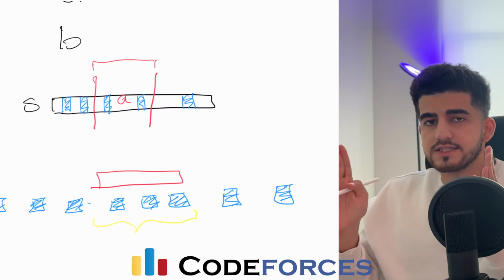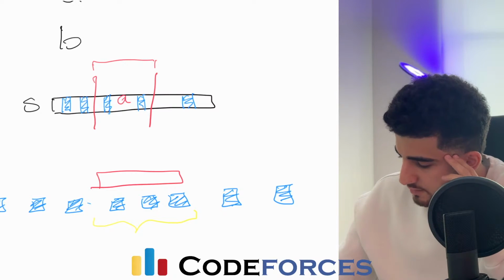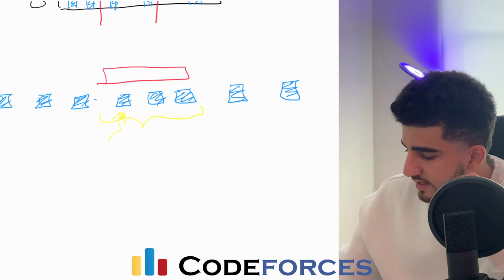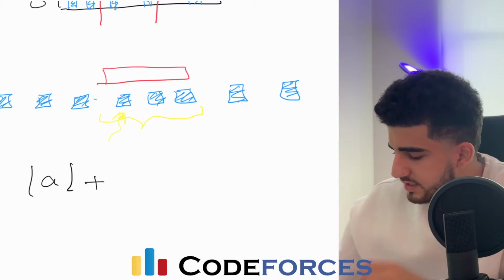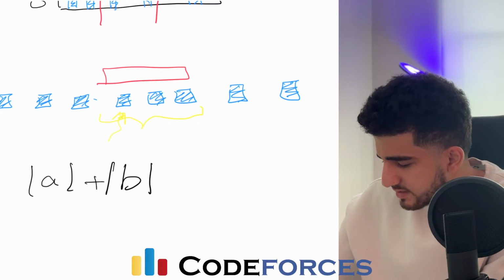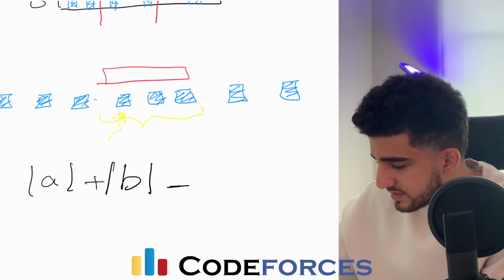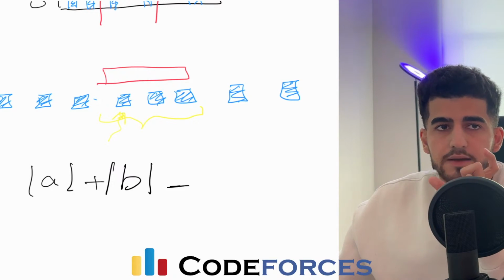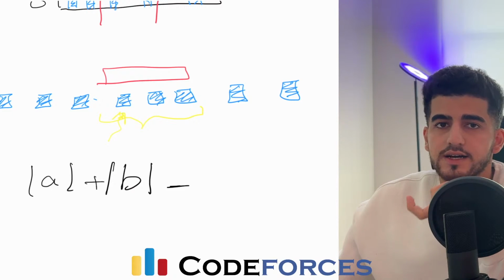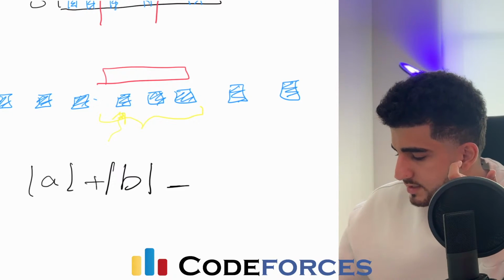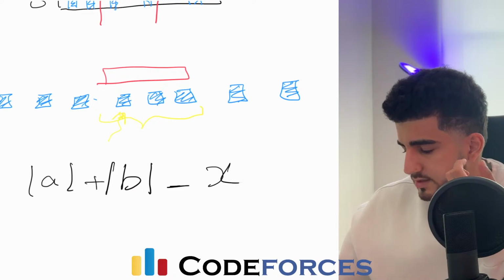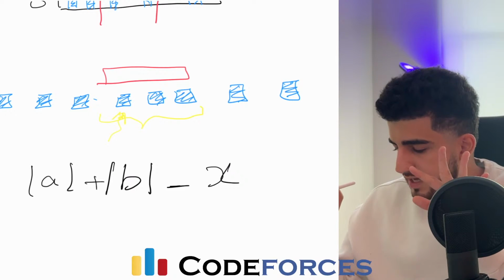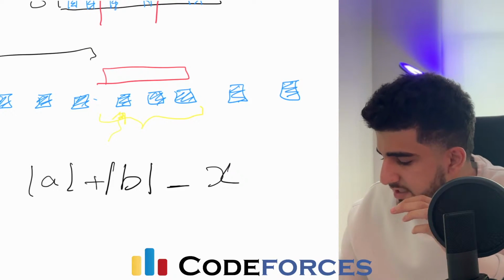Now I want to fix the start of that interval. My final answer is going to be the size of A plus the size of B minus the number of shared elements, the number of elements of B that lie in the interval of A, let's call this value X. Before that there's no need for additional characters.